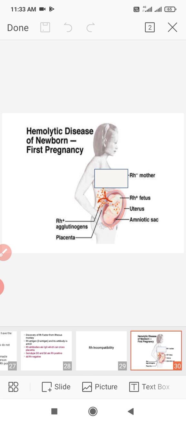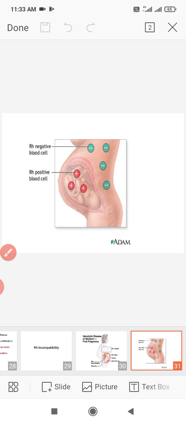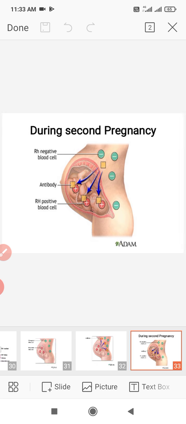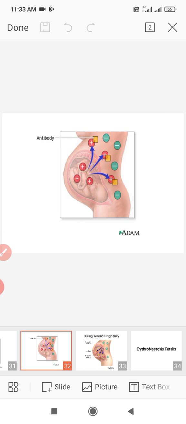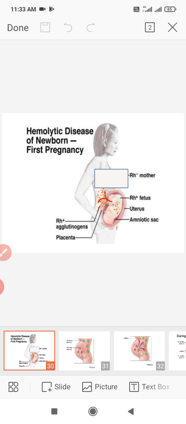Coming to a disease condition called hemolytic disease of newborn. Hemolytic means hemolysis. Suppose I will explain: what will happen here?